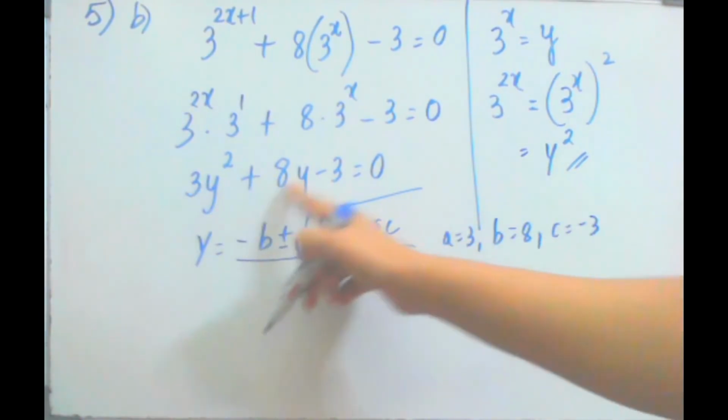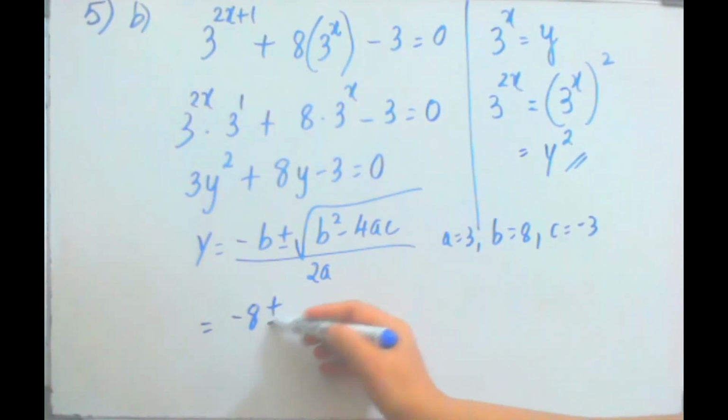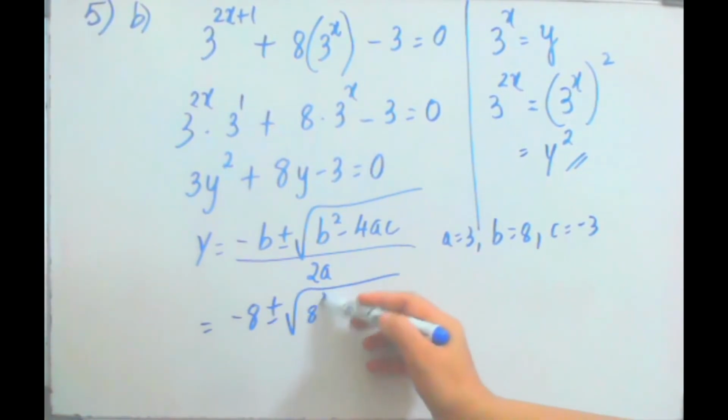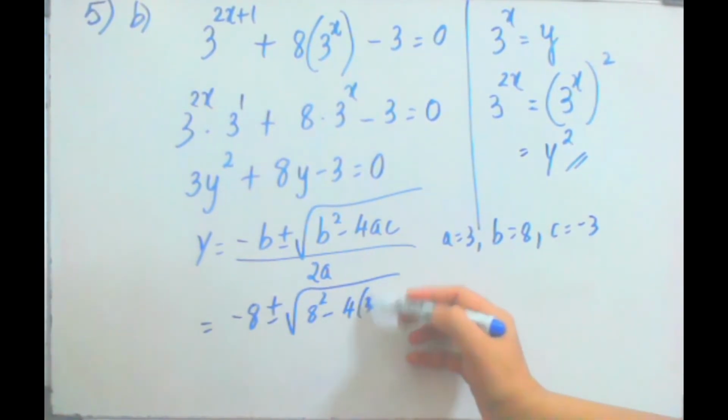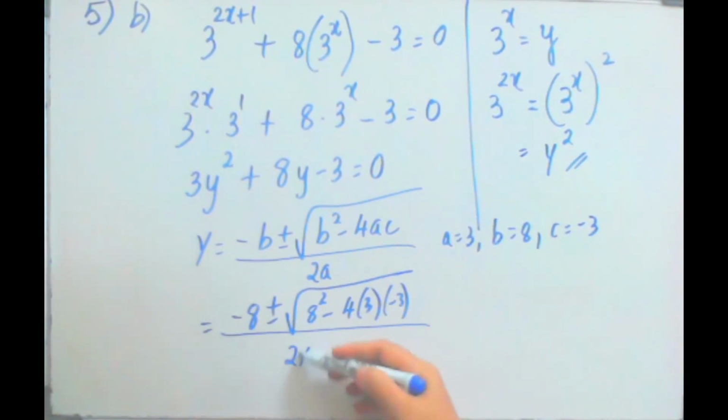Substituting, we will get minus 8 plus or minus square root of 8 square minus 4 into a into c divided by 2a.